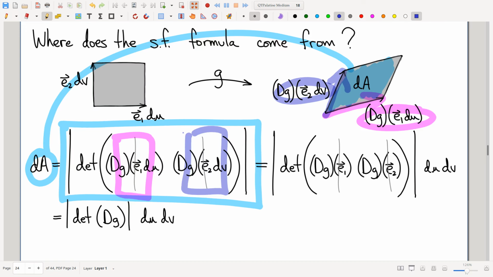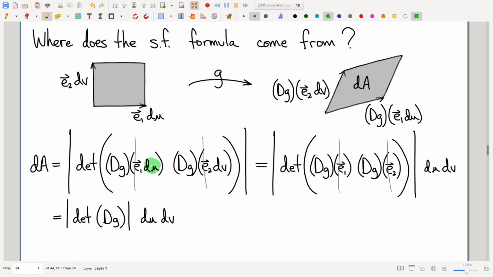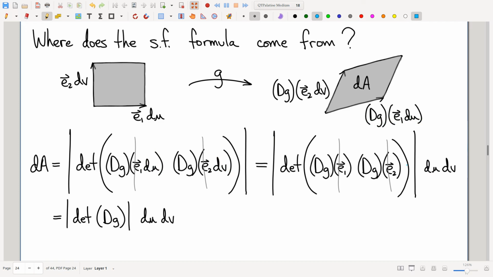And it's all downhill from here. It's just a matter of thinking through the algebra of how I deal with this great big determinant. Well, I have a scalar factor there, and scalars factor out. And then there's another scalar factor right there. Scalars factor out, and now I've got this matrix to deal with.